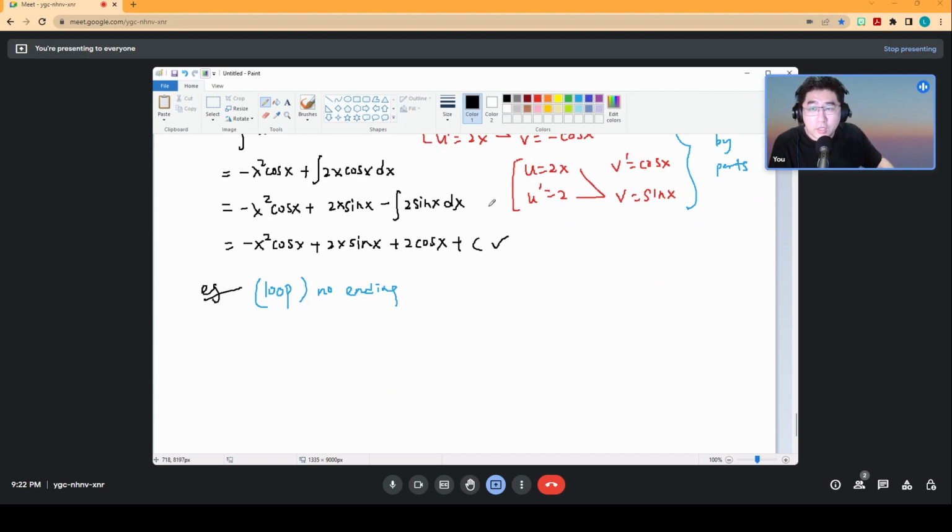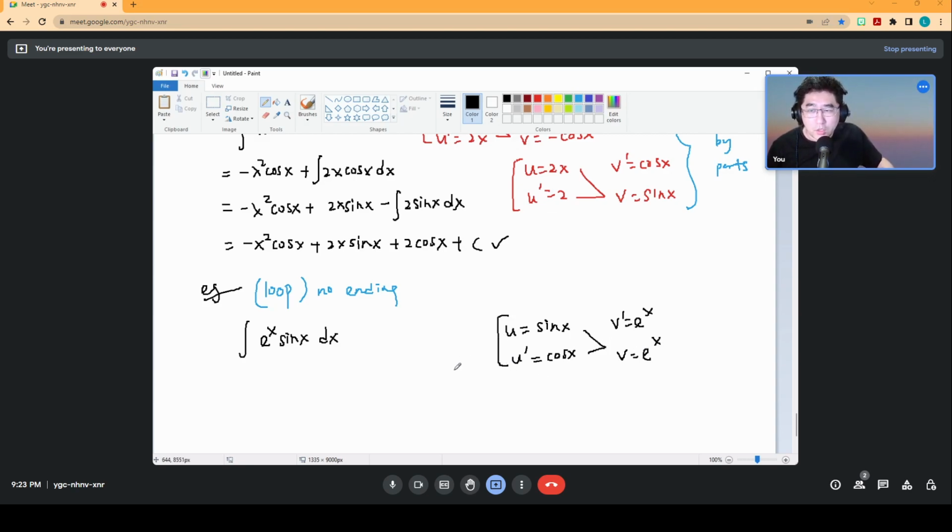So let's say the example is e^x sine x. From the order, LIATE, I take u as sine x, my v prime as e^x. So my u prime goes to cos x, my v is still e^x.